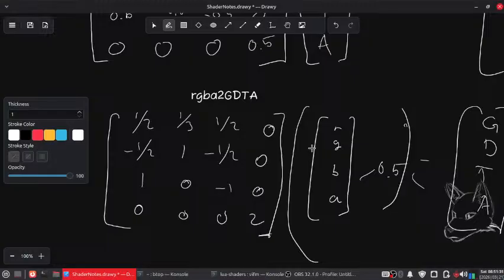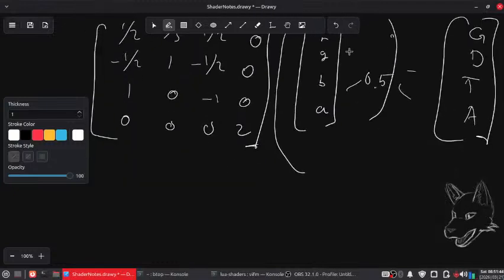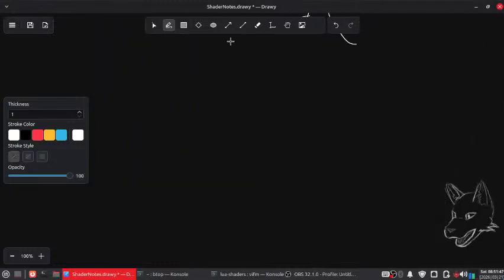If we have the color cube and we remap it, we shift RGB to be between minus 0.5 to 0.5, right?